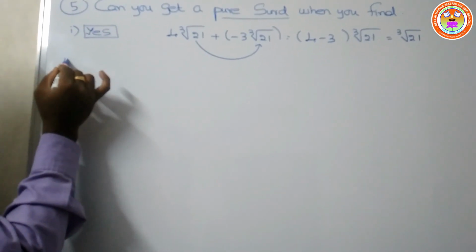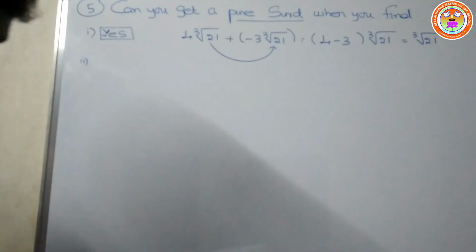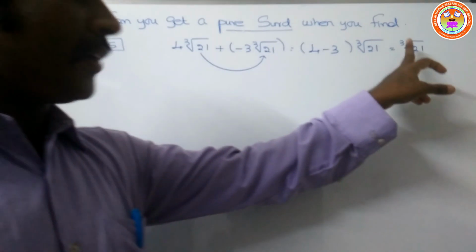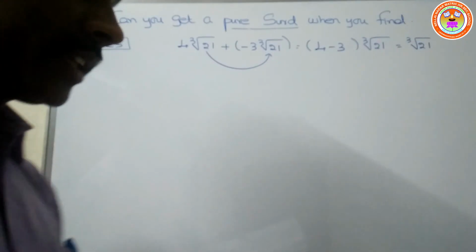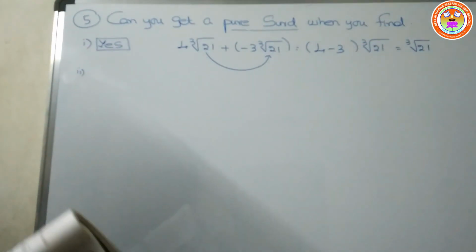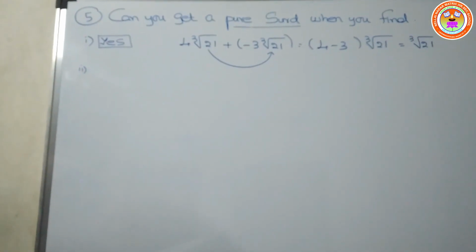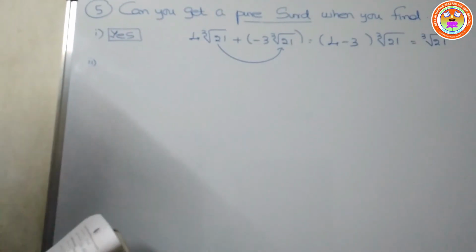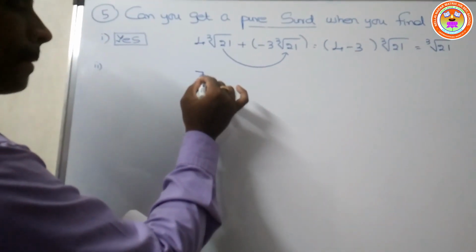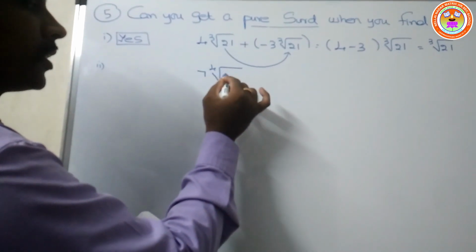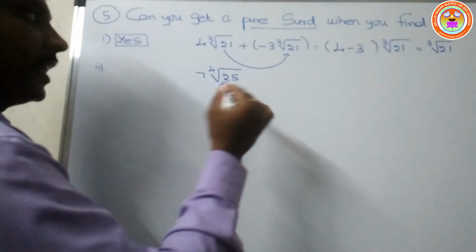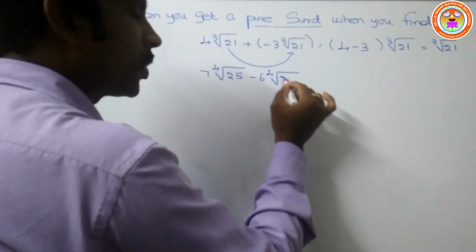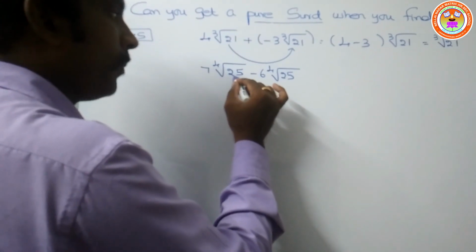Second one. Now what is the definition of a pure surd? The coefficient must be 1. Second one, the difference of two surds. You take two surds. One is 7 into 4th root of 25, another one is minus 6 into 4th root of 25, which is common for both.